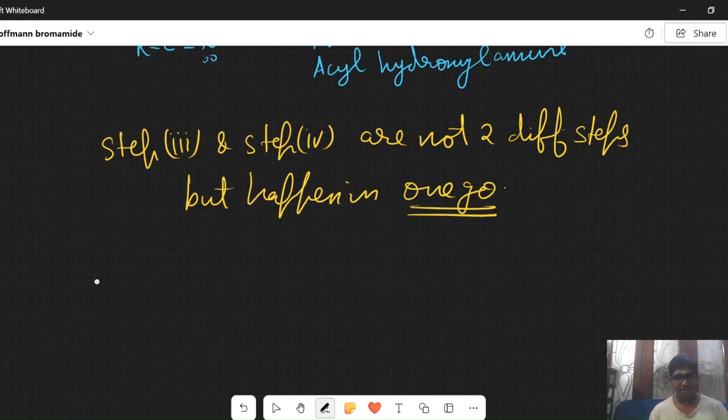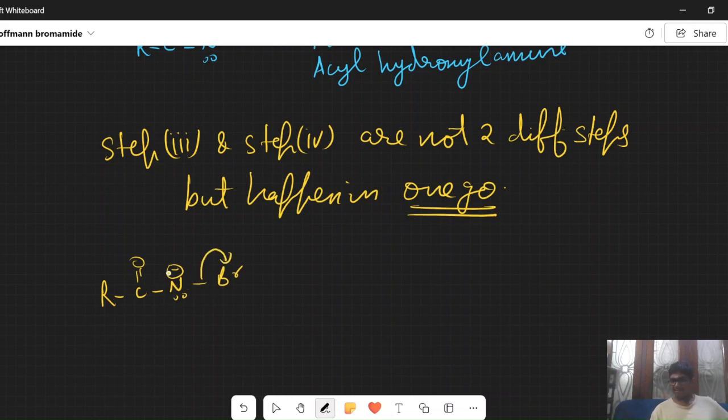So what we'll do is, we'll write it as RC=O N negative charge Br. The entire thing happens as a single step. I'll show it here.